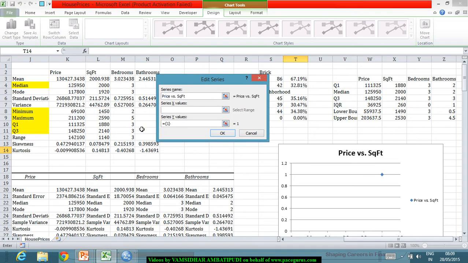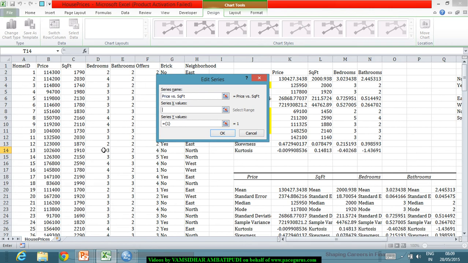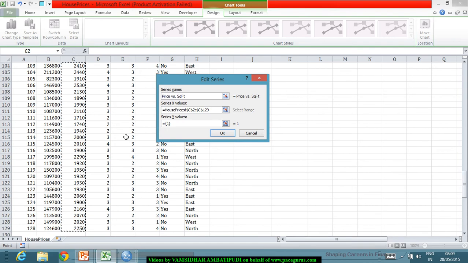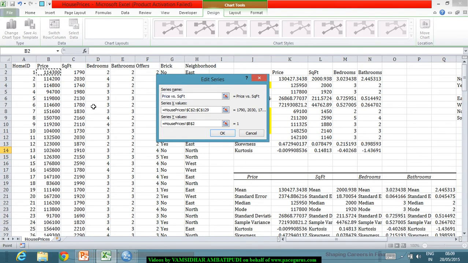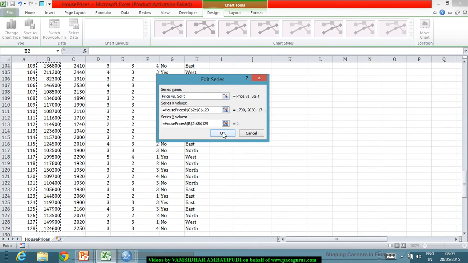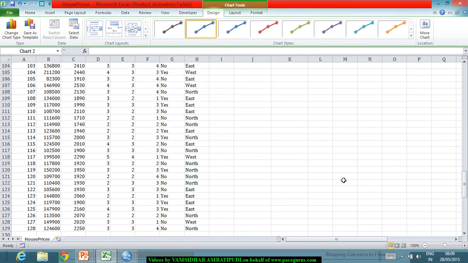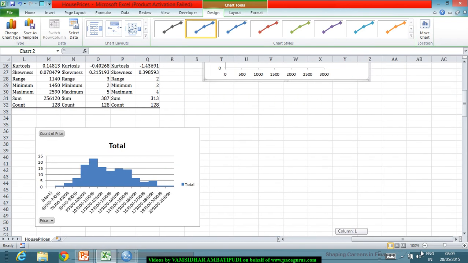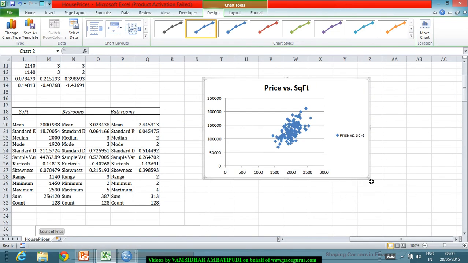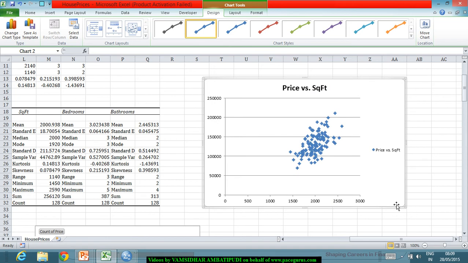I'll take the square feet on the X axis and the price on the Y axis. Now I'll get a similar kind of graph here for this scatter plot, more or less looking like an upward sloping graph.